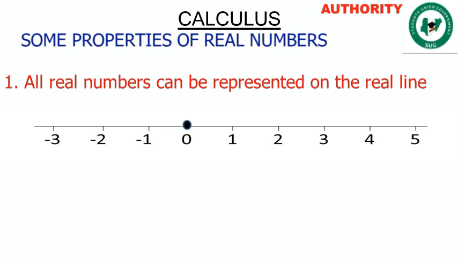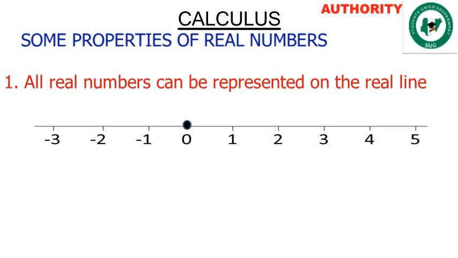You say that all real numbers can be found in this number line. Any number called a real number, you can trace it on this number line. That is what the number one property is talking about.